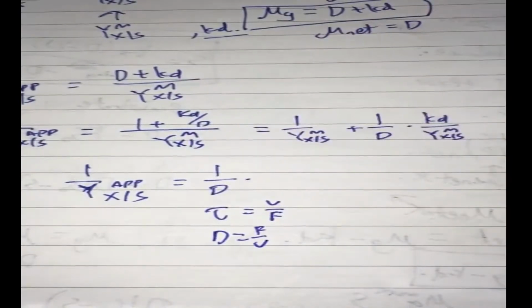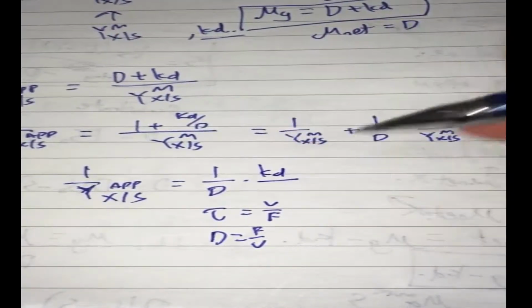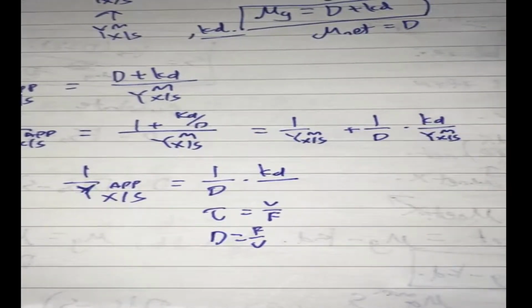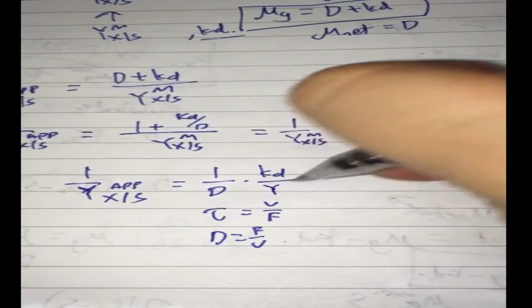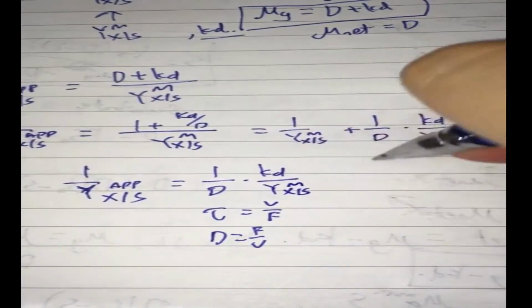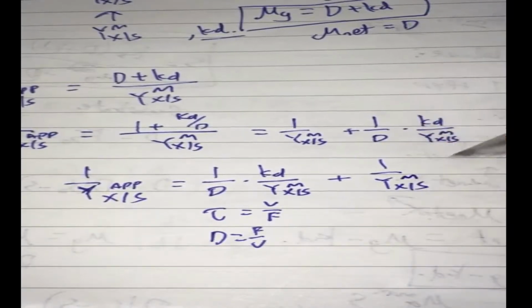So this is the average residence time of the particles in the chemostat, and that will be KD over Yx by S maximum plus 1 over Yx by S maximum.